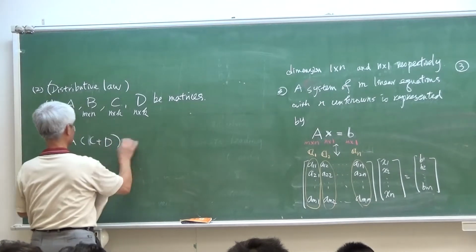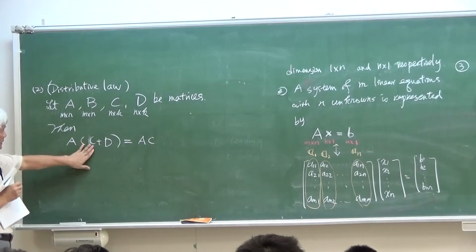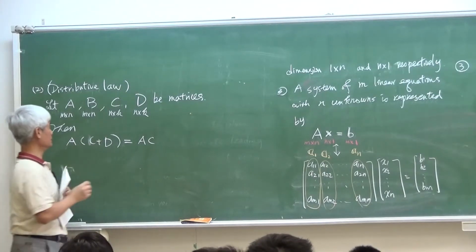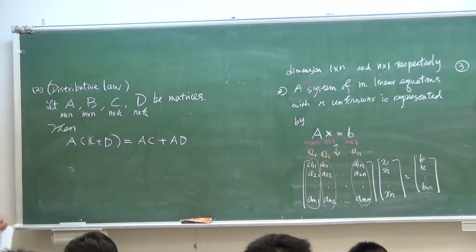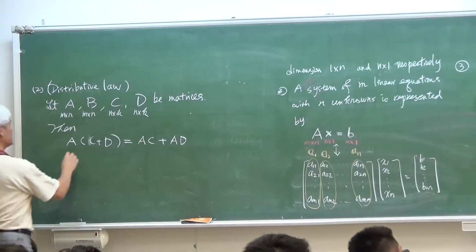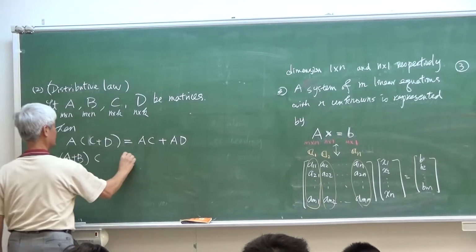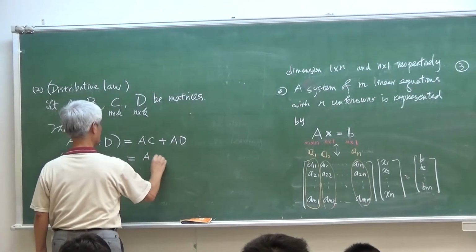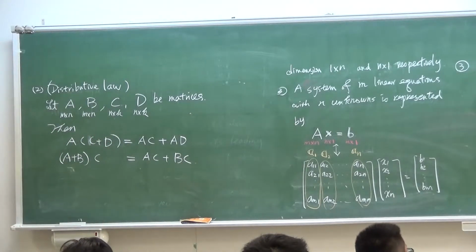So this law is that you can take the product of A and C, and the product of A and D, and add them together. Similarly, if we have it this way, then it's AC plus BC. You can check the dimension first.